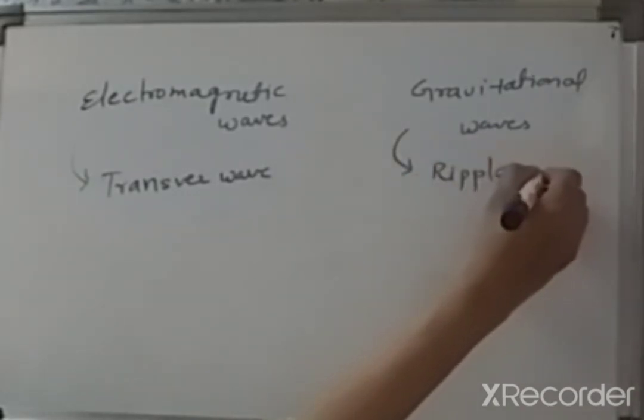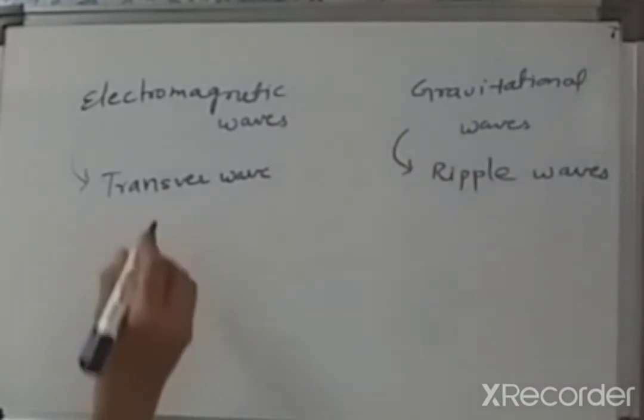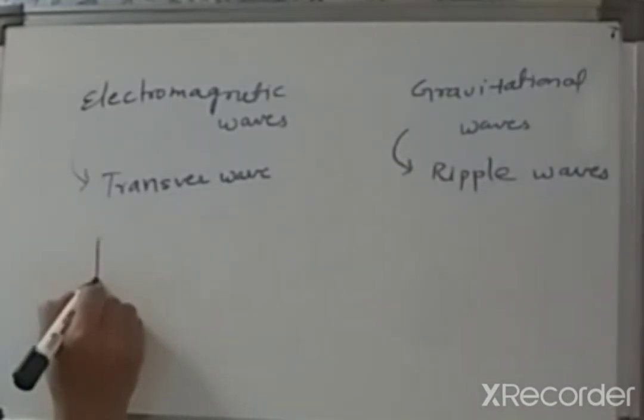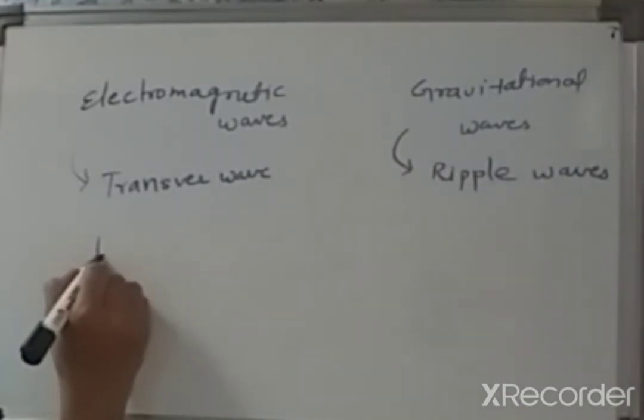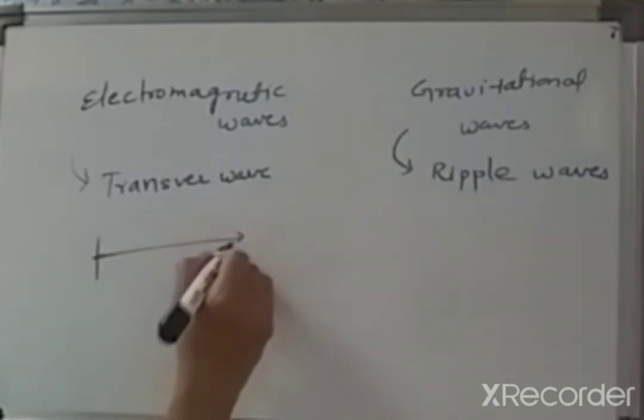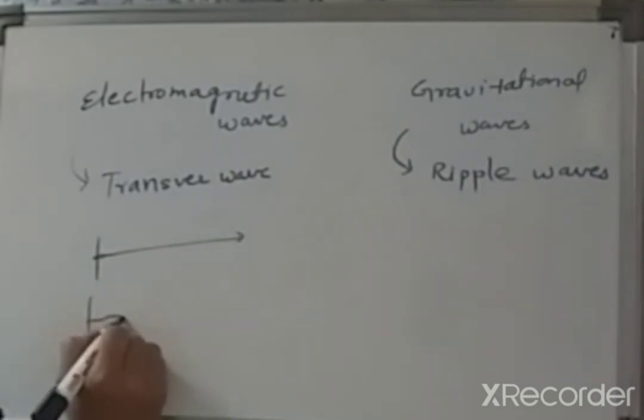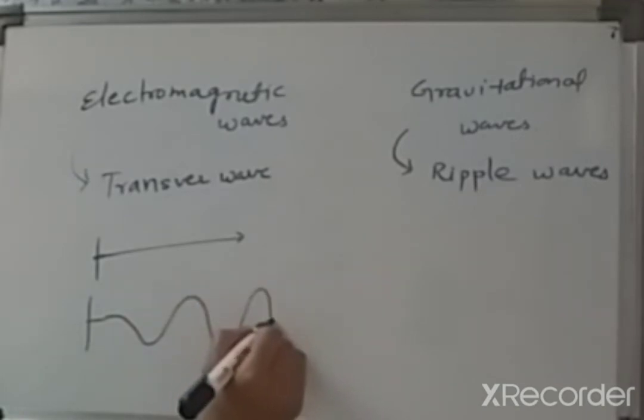These are ripple waves. It means, if you hold a string at a fixed place, and from the other end you apply a jerk, then it will start to move in this way.